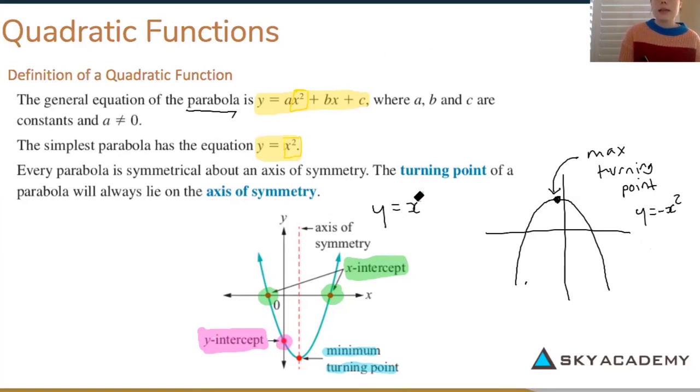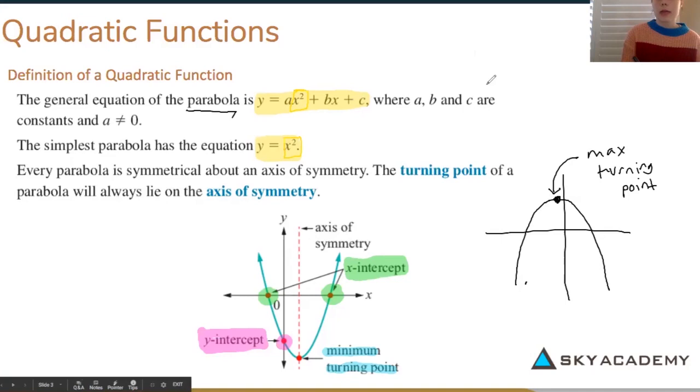Because our parabolas are symmetrical on either side, they will have an axis of symmetry going down the middle, in line with either the minimum turning point or the maximum turning point, and that's the dotted line here.